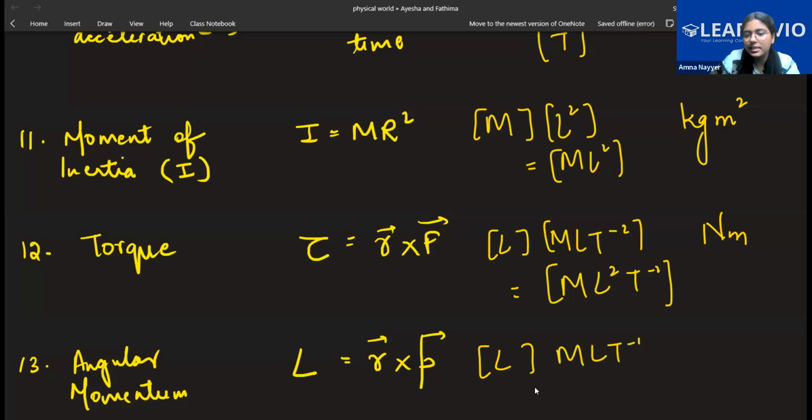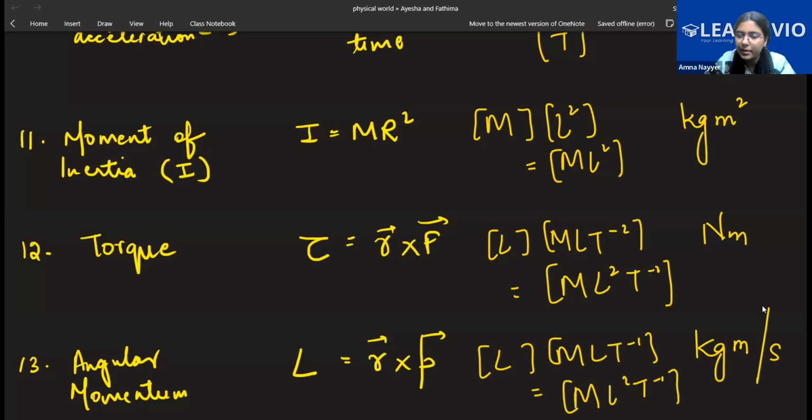So this becomes ML square T to the power minus 1. And see the unit. Momentum was kg meter per second. Yesterday you have written this for momentum. In angular momentum, radius is getting multiplied, so kg meter square per second. Is it clear till here, till the 13th? Yes. Okay, write it.